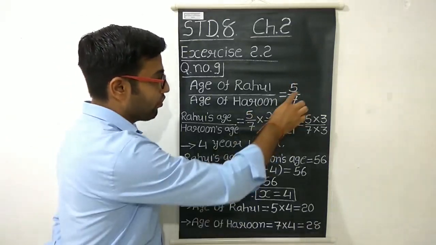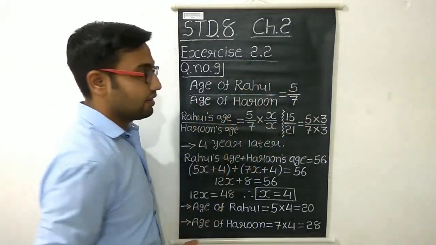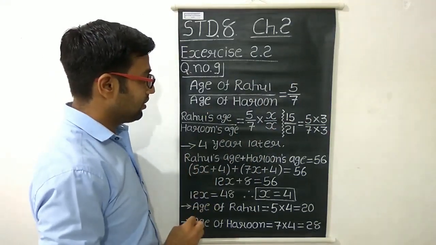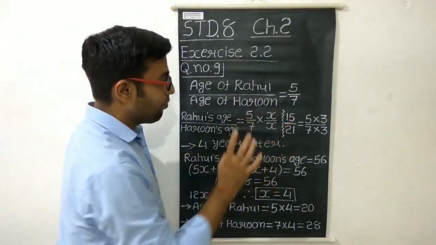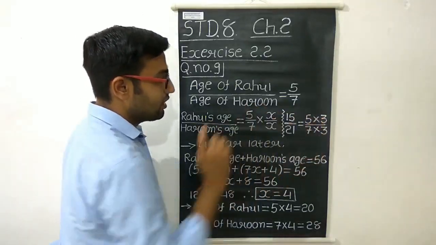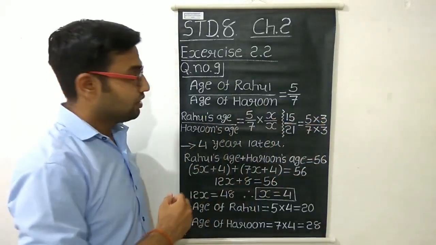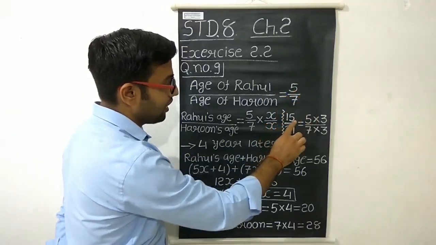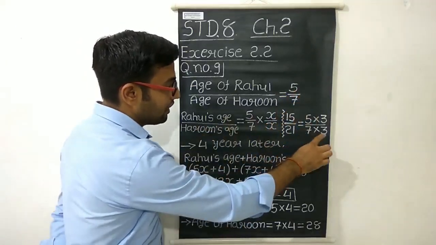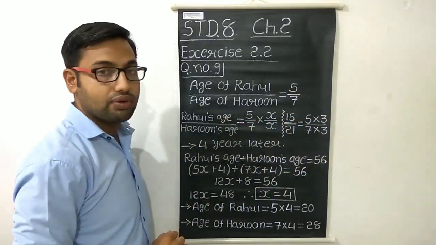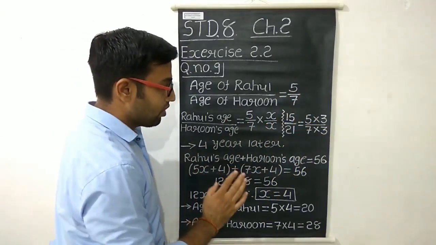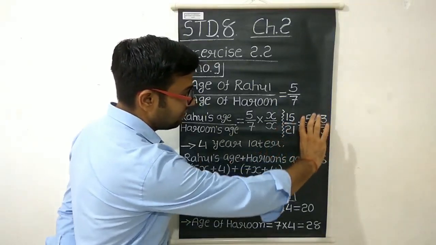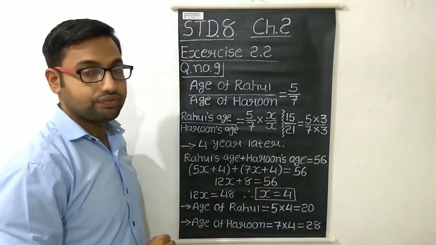So we don't know what the common factor in the numerator and denominator is. Let us take one example. Suppose there is a common factor 3 in both numbers. If we multiply with 3, 5 3s are 15, and 7 3s are 21. You can notice that if we cut this 3 and 3, we get the ratio 5/7.